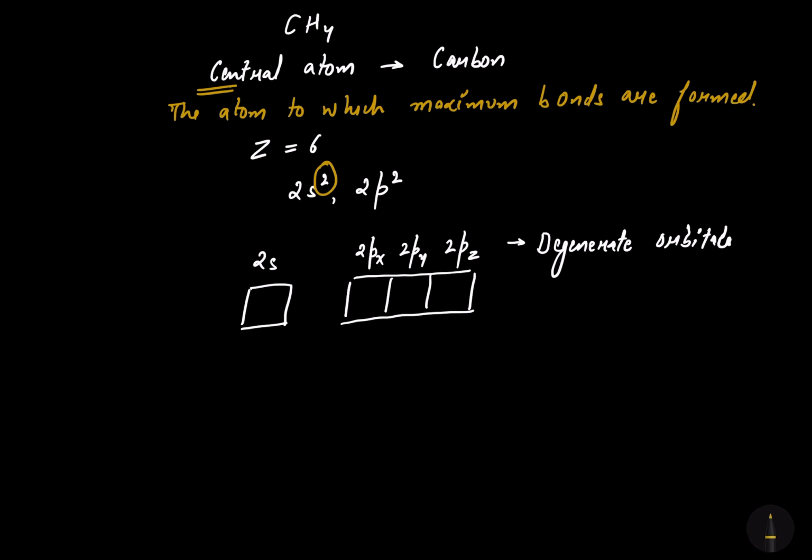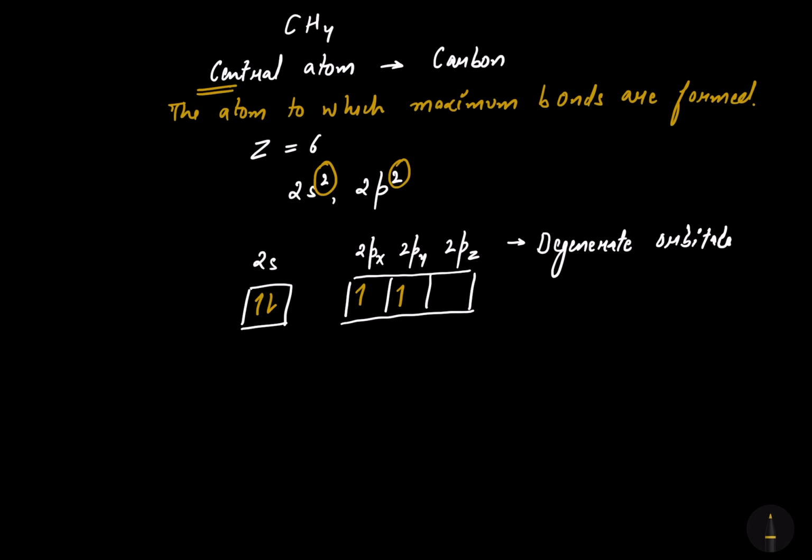It's 2, so the 2 electrons will come in the 2s orbital, one with the spin of plus 1 by 2, another with the spin of minus 1 by 2. Now 2p has 2 electrons, so we will fill the two electrons in degenerate orbitals according to Hund's rule. Hund's rule states that firstly all the orbitals will get one electron each. After that the pairing will start. But we have only two electrons. The first electron will go into px and the second one will go into py.